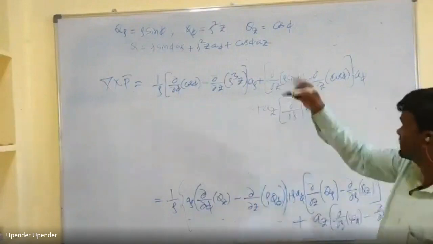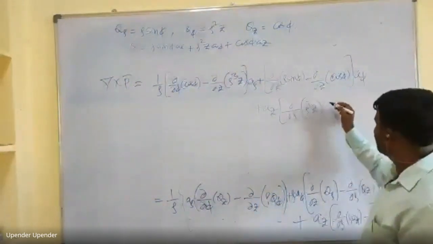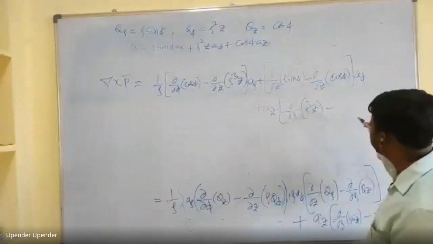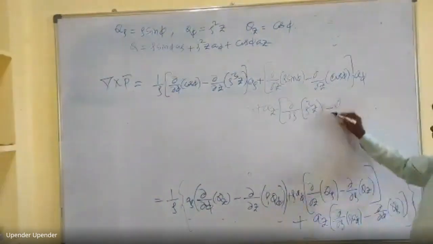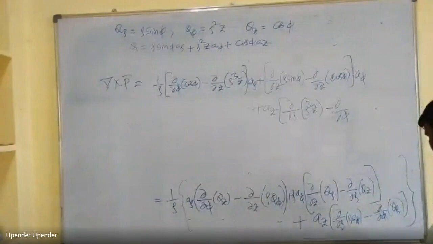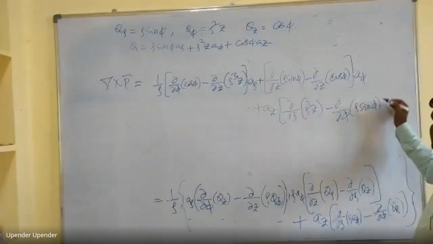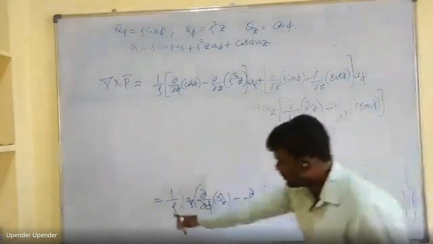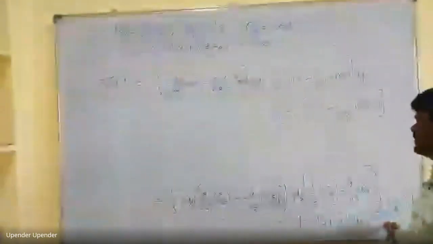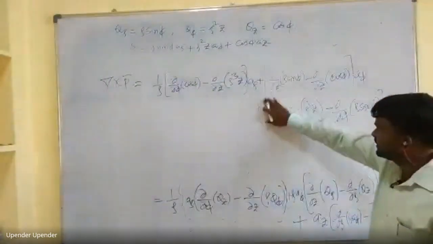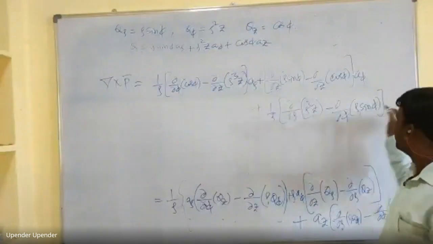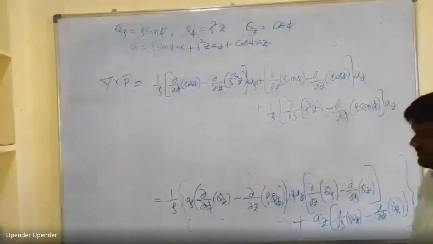Q pi is rho square z. Minus dou by dou pi of Q rho, that is rho sin pi. We forgot one thing. This 1 by rho is multiplied with this whole thing. So that's why you have to write this 1 by rho here into a z like this.